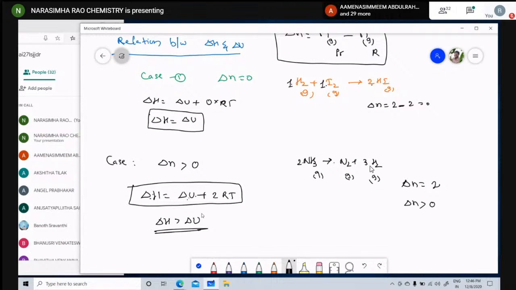Those discussions will be continued in the next class, children. So this is our class for today. Please solve the problems up to enthalpy.